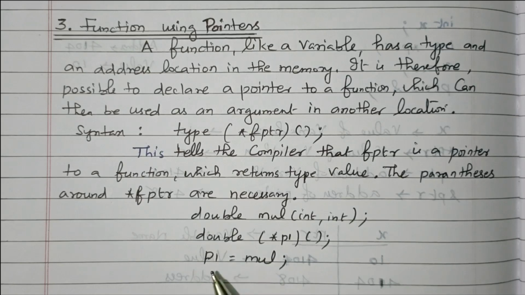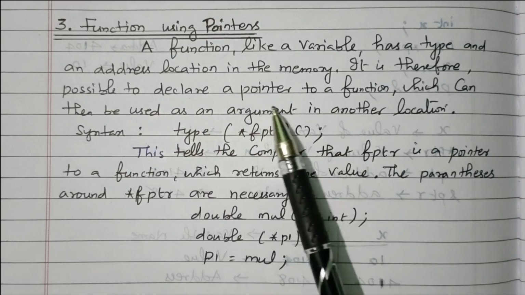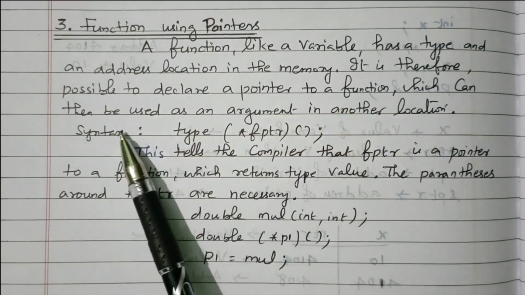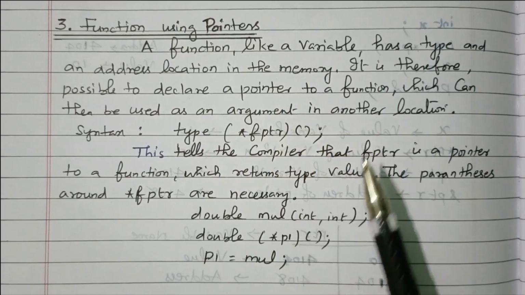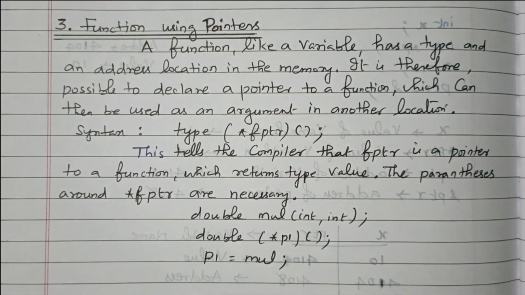So p1 equal to mul; this is a pointer variable, declared here as *p1. So the value mul will be stored, as is clearly given here: a pointer to a function which can be used as an argument in another location. So here we are passing the argument to this pointer, right? We'll see further.